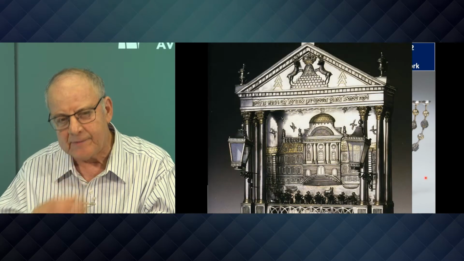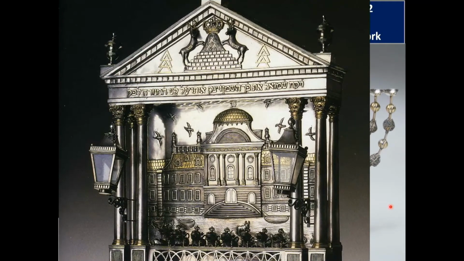Here is the front side of the menorah, and you can see that the artist created for the patron a city scene, with a palace and pillars, a very impressive building with a dome and a triangular gable, with even the lights of the street. A whole scene is created for Hanukkah, and animals are there behind. It's hard to see everything.